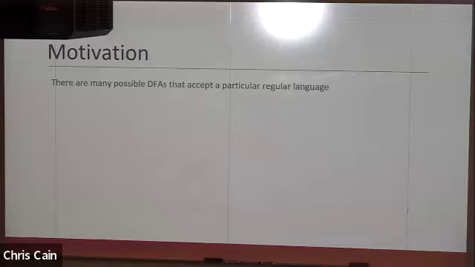So we know that there are many possible DFAs. There are a bunch of right answers to these problems, but you might ask the question, what is the most right answer? Or what is the most memory efficient answer? Just like there are lots of possible implementations of an algorithm, some will be higher order or more computationally complex than others, and you might want to implement an algorithm in such a way that minimizes time, minimizes memory, or minimizes some weighted combination of those two factors.